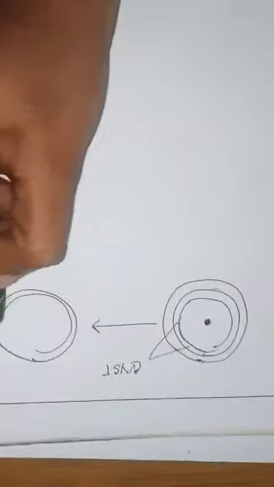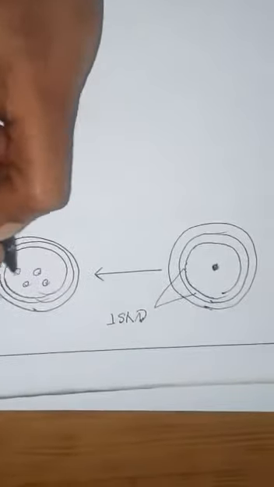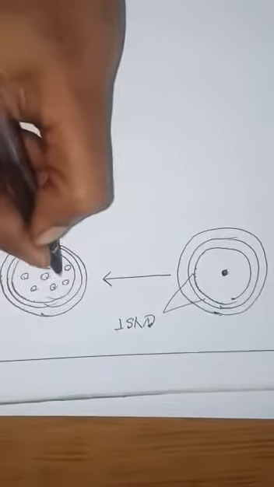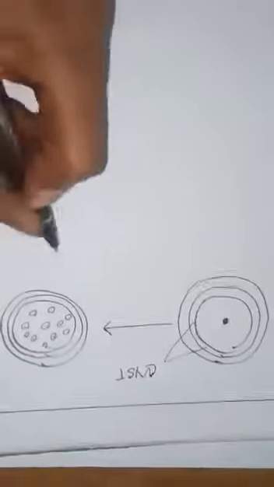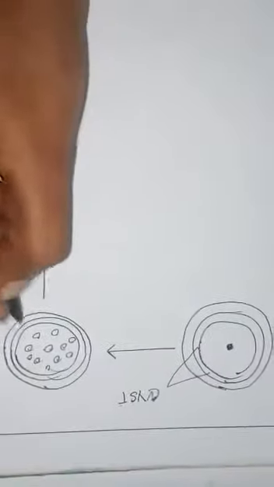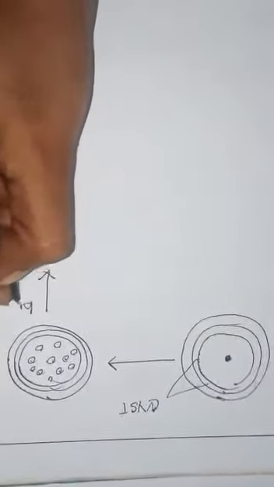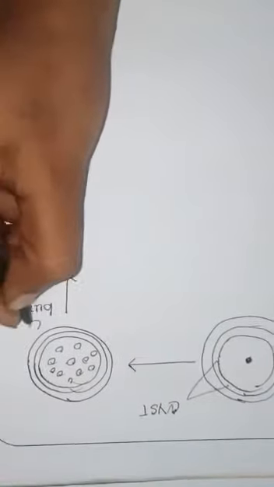So when the favorable condition comes, this parent body divides into a number of cells by binary fission. It divides into a number of cells, and then this cyst bursts. And what happens?